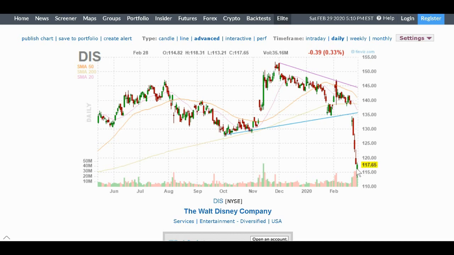So if this is day 1 and the next day is good, day 2 is good, let's say it goes up here, and day 3 starts to go up here, then I might buy. I might buy at the close of that day or the open of the next day, because oftentimes I will wait until the end of the day to see how the candle finishes.